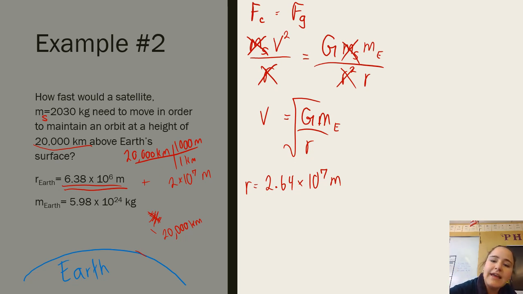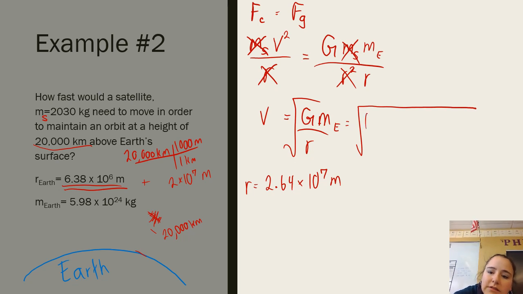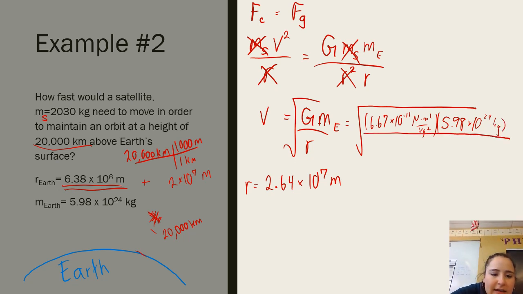So let's go ahead and plug in our numbers. Square root of 6.67 times 10 to the negative 11 newton meters squared per kilogram squared times that mass of the Earth, 5.98 times 10 to the 24th kilograms, divided by that distance that we just calculated, 2.64 times 10 to the 7th meters.